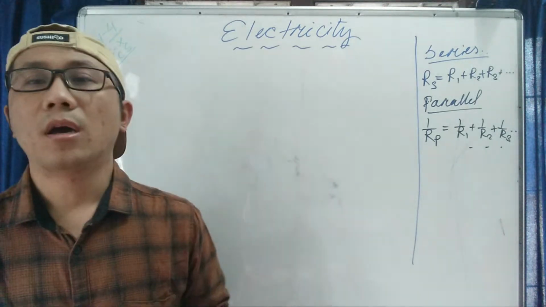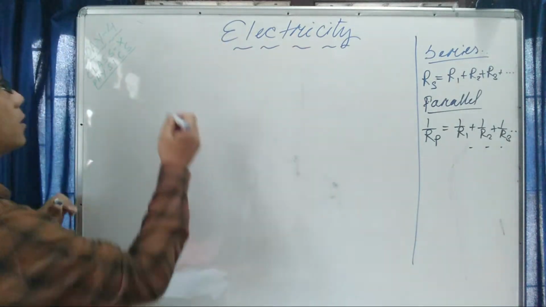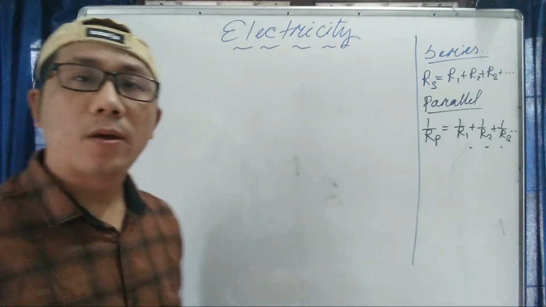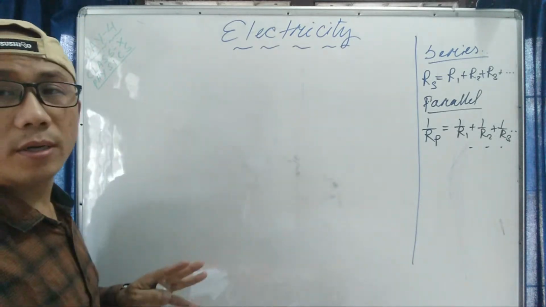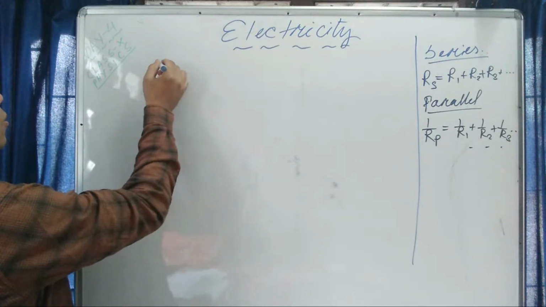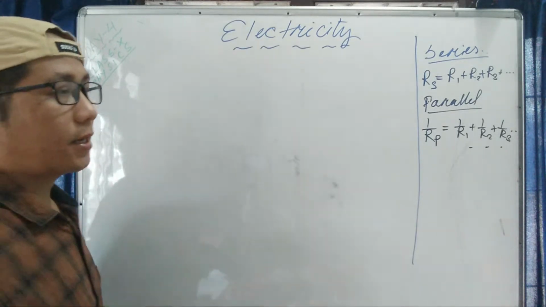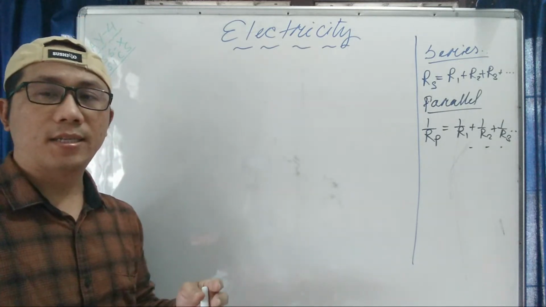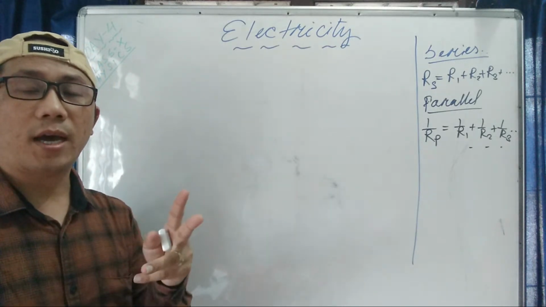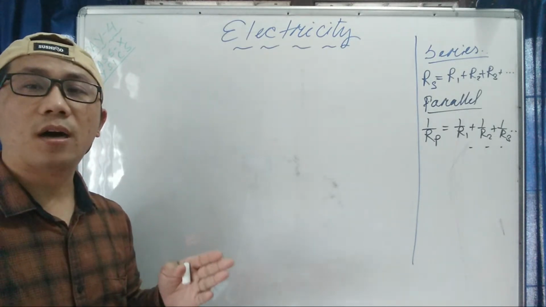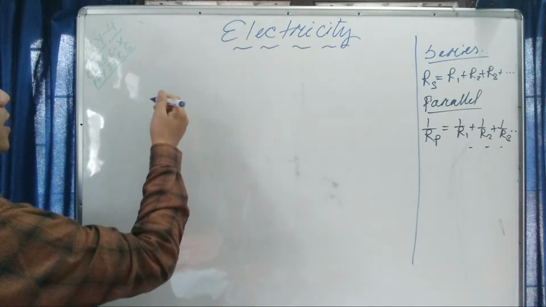So today let us complete that. We already learned Ohm's law, and according to Ohm's law, the resistance of the conductor depends on certain factors, and from there we will develop the equation of the resistivity. So let us start the class with that.